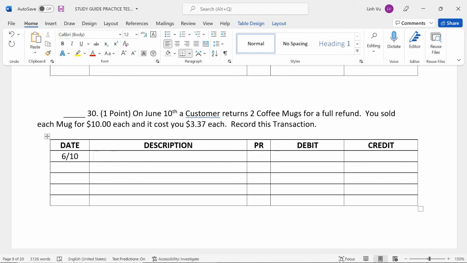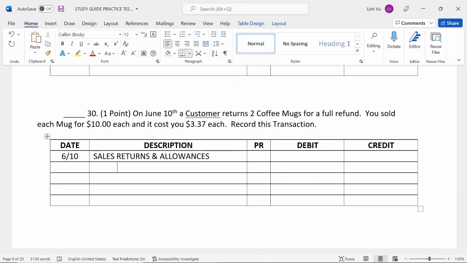Sales returns and allowances, good. Because a customer is returning, right? They are returning sales. Since we didn't charge any sales tax, no sales tax.